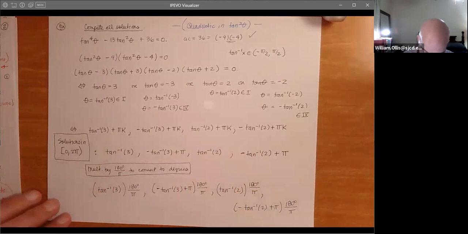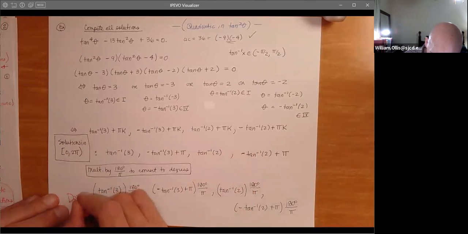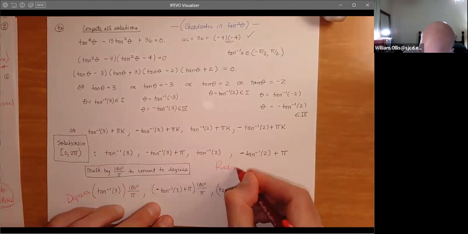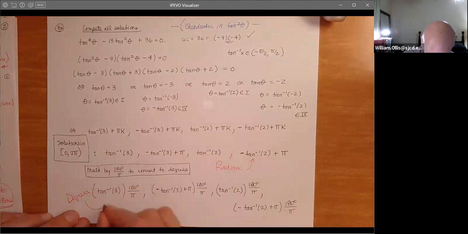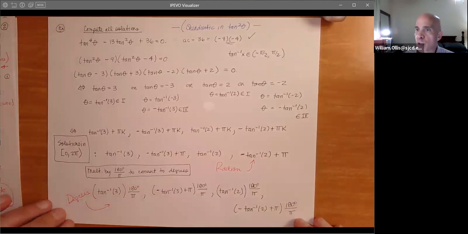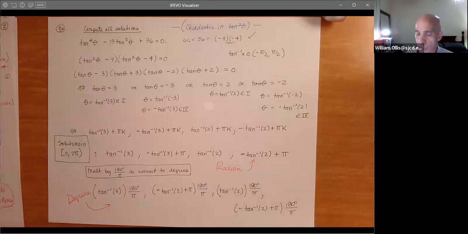So this would be degrees, and these would be radian. This is often what you have to do when you're solving problems. The problem may just say, give me all the solutions.